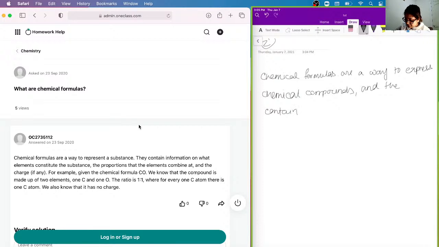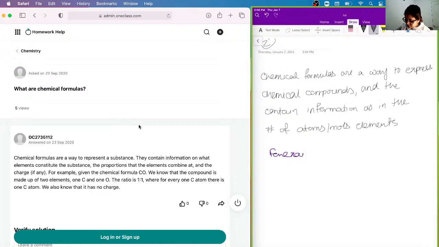They contain information like the number of atoms or moles of elements, so basically the proportion of elements in a compound.